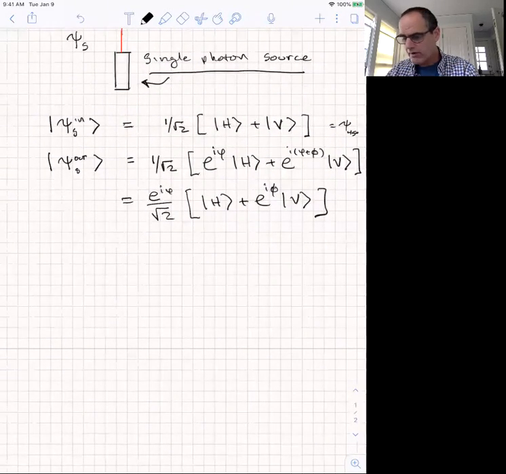Just as before, the effect of the last polarizer at 45 degrees is to project the wave function into the new basis. And so the wave function after the polarizer would look like this.